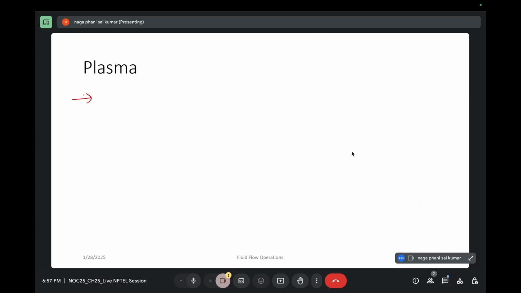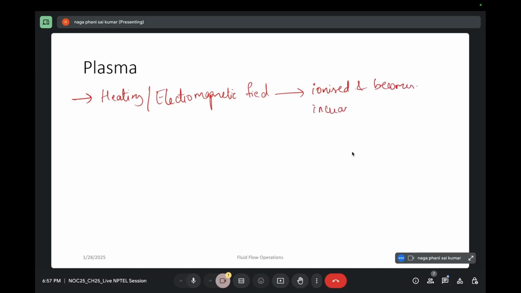So you have to heat it to such a temperature, or subject it to an electromagnetic field or force, such that it will be completely ionized and becomes increasingly electrically conductive.